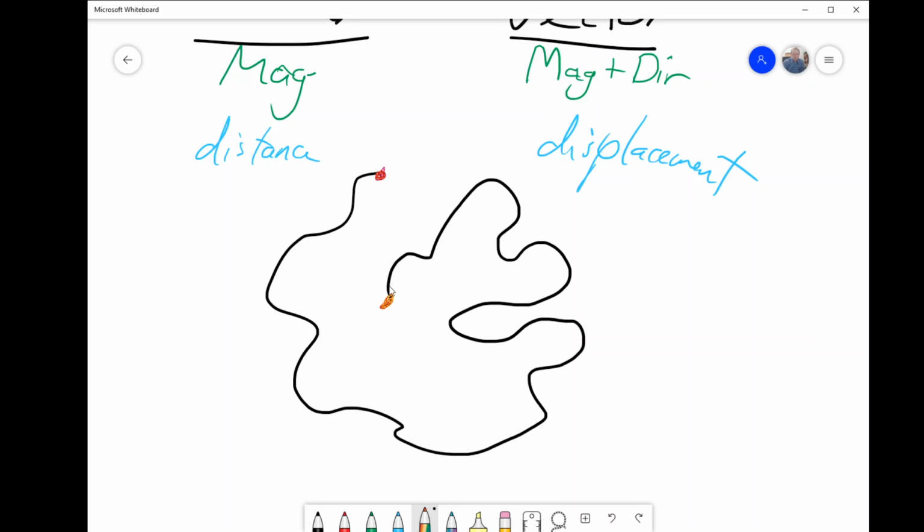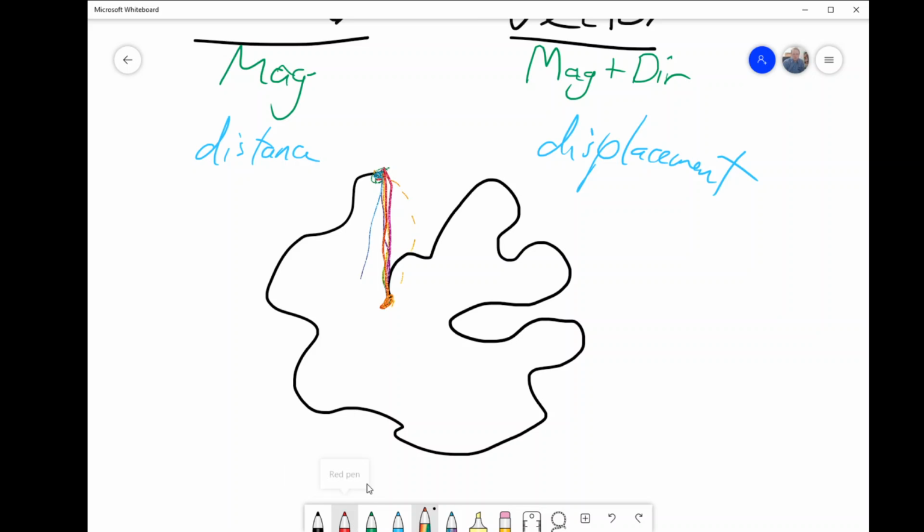Whereas the displacement, that's more like the targeting of a catapult. So if you've driven all this way, but then someone at the start of your journey has a catapult and they want to hit you with it, they don't need to know the distance you've traveled. They need to know your displacement and what your displacement is going to be when that projectile hits the ground, so that they can time it for the cannonball to land right there.